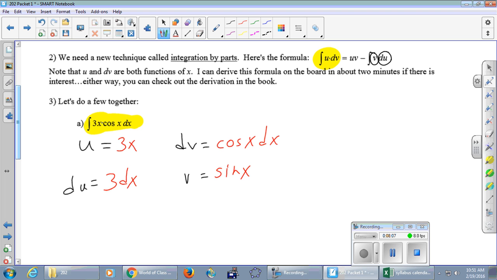Okay, now it's time to start using the magical formula. According to the formula, this is equal to u times v. Now, u times v are always going to live on this diagonal if you set things up this way, which is how I will always set things up. I recommend you do too. So we just multiply those two things together: 3x sine of x.